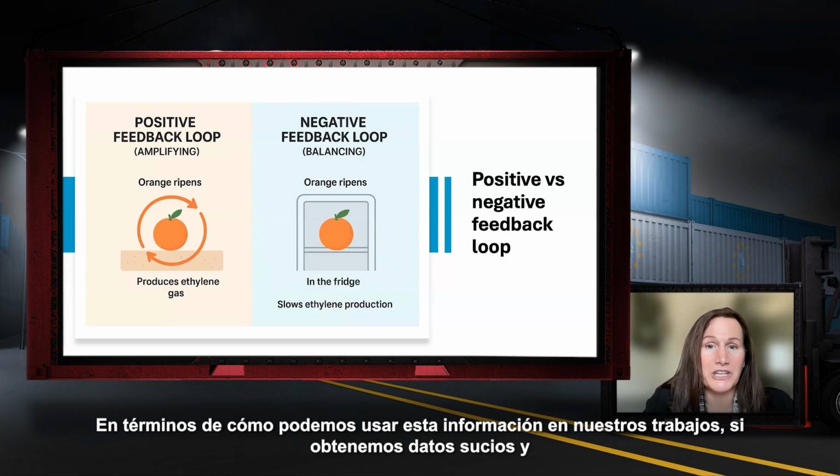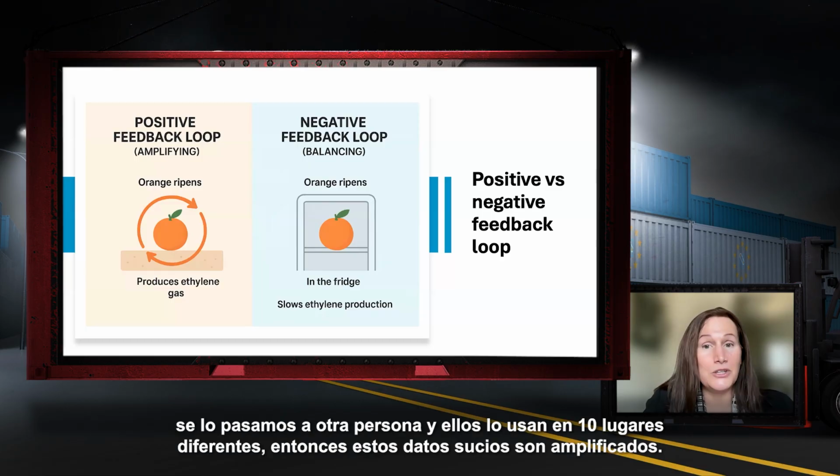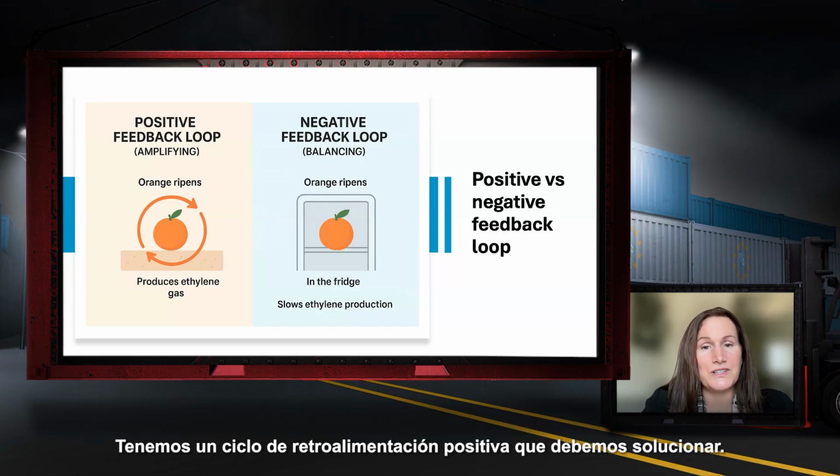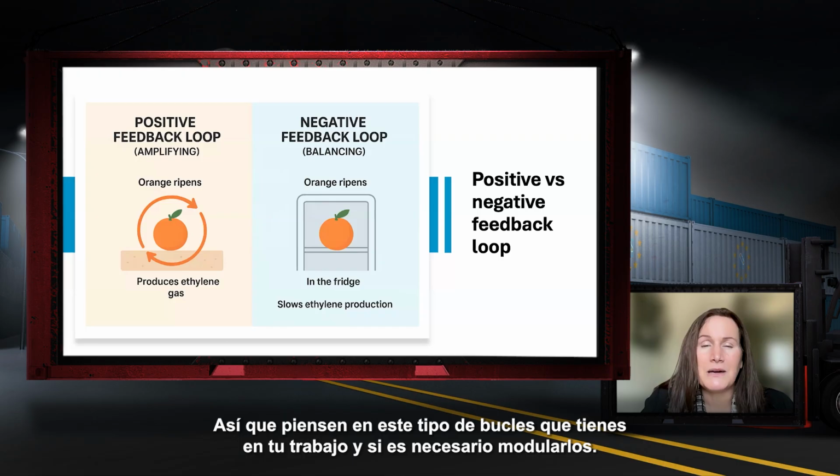In terms of how we can use this information in our jobs, if we get dirty data and we pass it on to somebody else and they use it in 10 different places, then this dirty data is getting amplified. We have a positive feedback loop, which we need to fix. So think about these kinds of loops that you have in your job and if they need to be modulated.